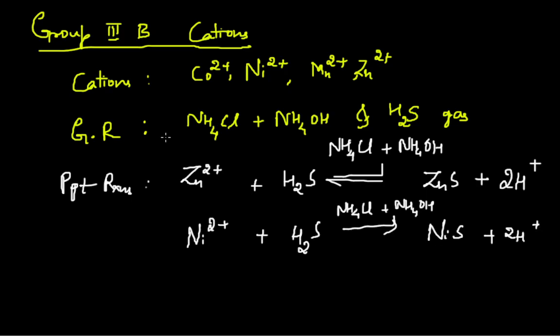So here what happens is, the reason why these are the group reagents is the Ksp values of sulfides of group 3B.